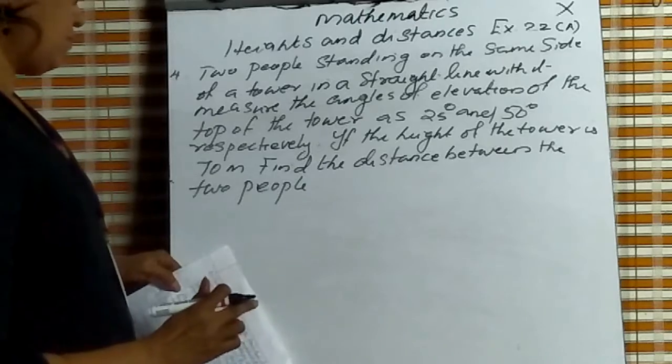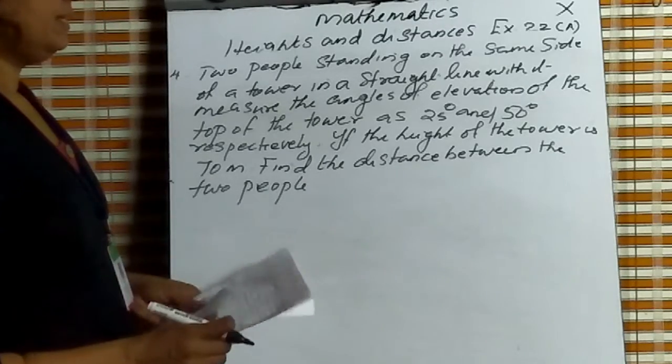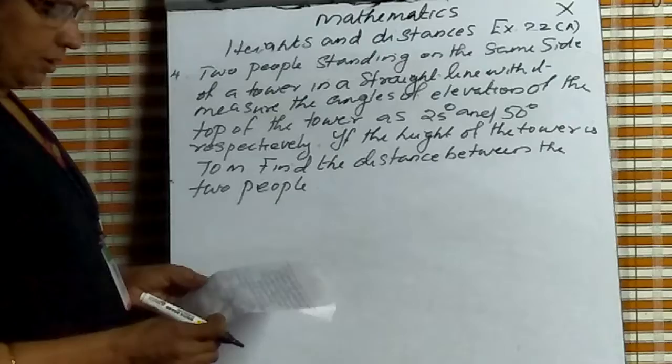If the height of the tower is 70 meter, find the distance between the two people.